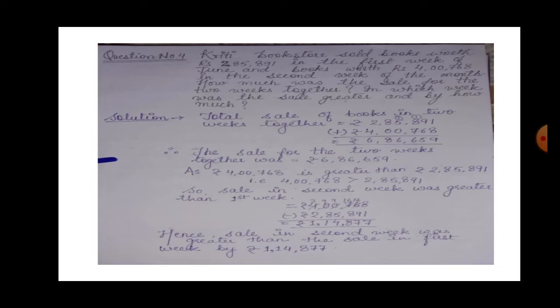So children, you need to read every question with much patience and care, because every statement is important. Now your question is asking in which week the sale was more.